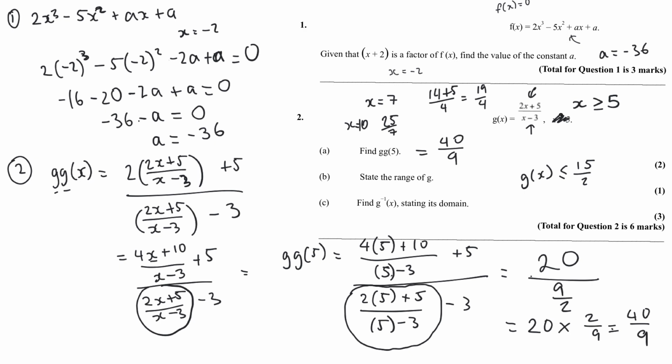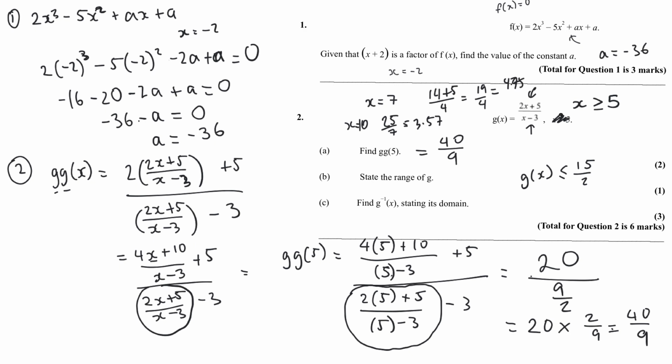If you were to quickly use your calculator, 25 over 7 would leave you with an answer of 3.57, whereas the 19 over 4 leaves you with an answer of 4.75.